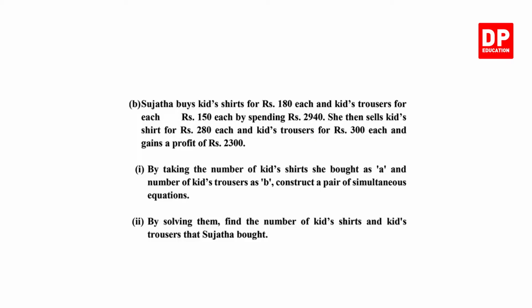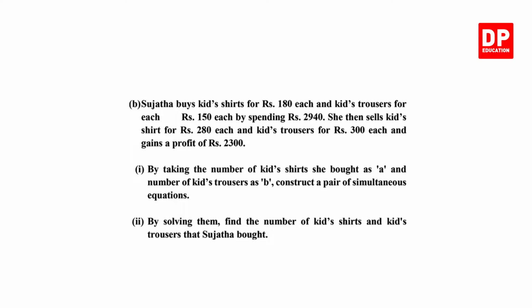Then the B part. Sujata buys kids' shirts for 180 each and kids' trousers for 150 each by spending 2,940. She then sells kids' shirts for 280 each and kids' trousers for 300 rupees each and gains a profit of 2,300 rupees.